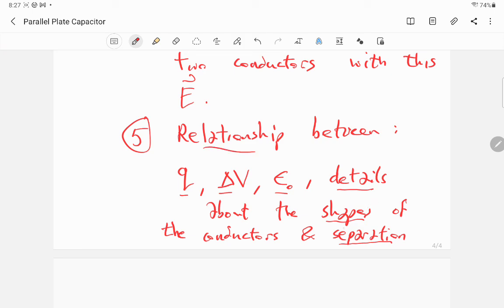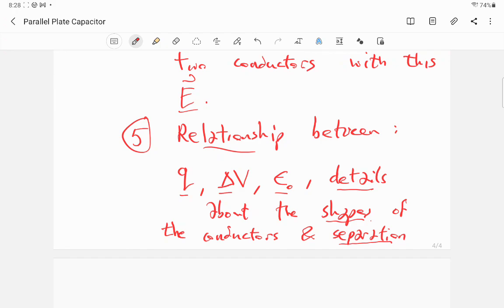If there's curvatures, then the radiuses of curvature are going to show up as designations of the shape. Something else about the details is how the two conductors are oriented with respect to each other. That actually was in the electric field in this case, because the parallel plate had a particular kind of electric field.